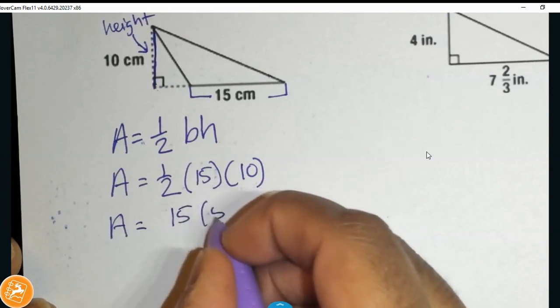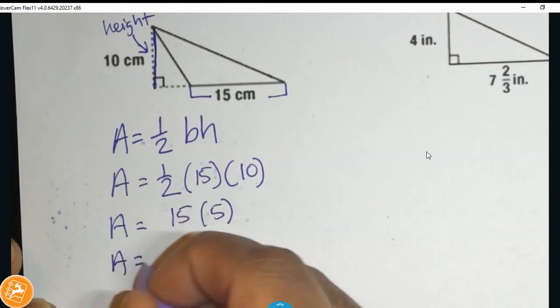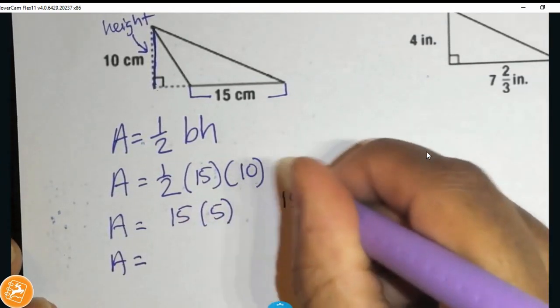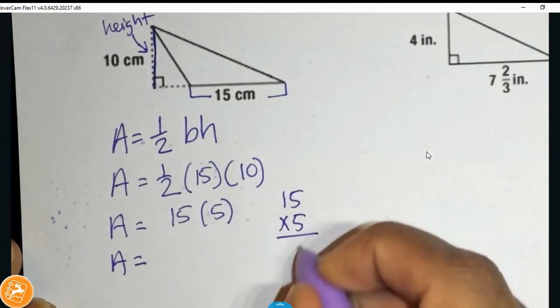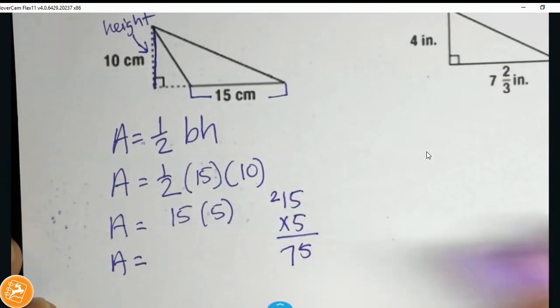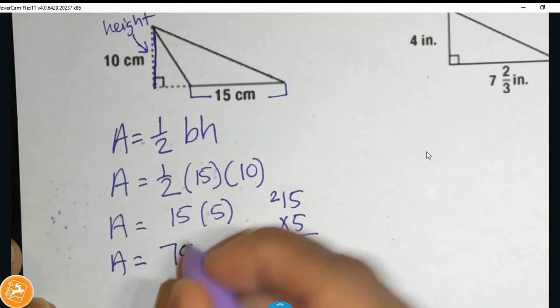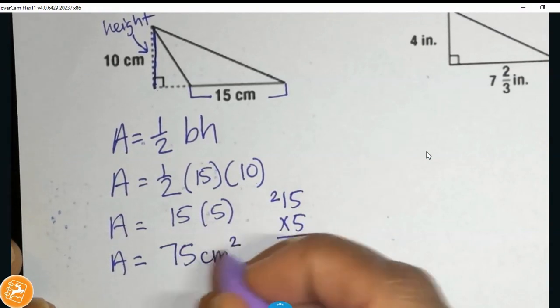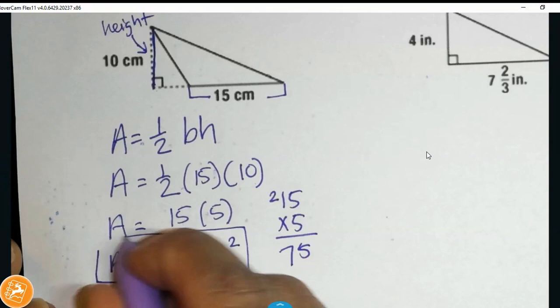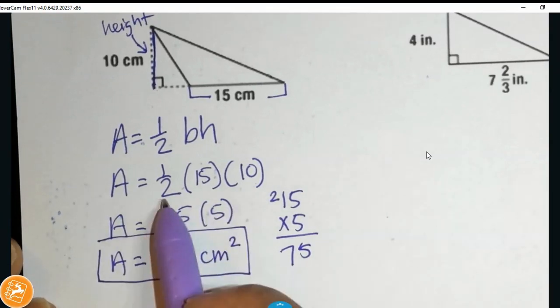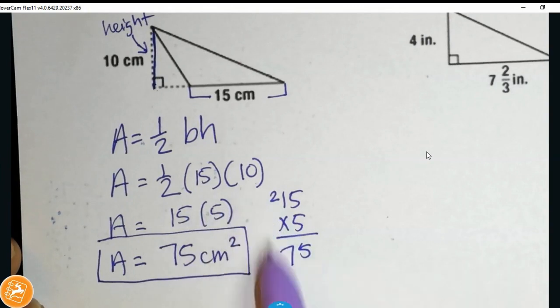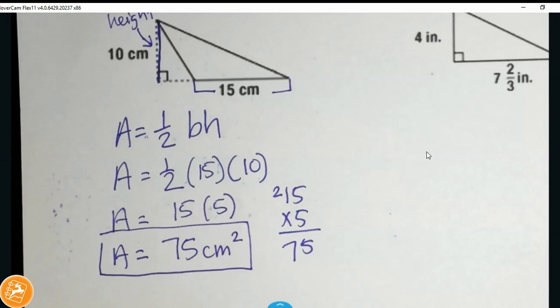So I would do 15 times 5, and I get 75. So it's 75 centimeters squared. That would be my final answer. Even if you did half of 15, which is 7.5, multiplied by 10, you would still get 75 centimeters squared. So it's really up to you the order that you want to complete it.